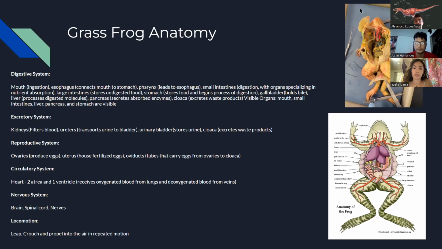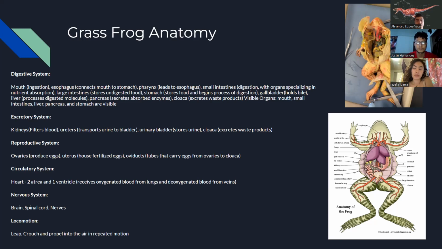The pancreas excretes enzymes to maintain this homeostasis as well, and the cloaca excretes waste products to prevent any sort of infection and also to prevent the frog from overpacking with excess waste. The visible organs we can see in this image are the mouth, small intestines, liver, pancreas, and the stomach.